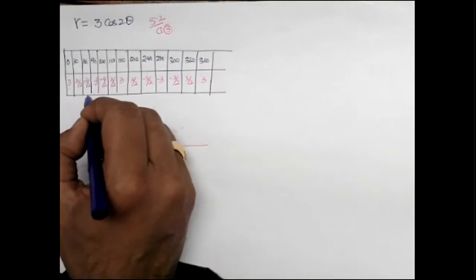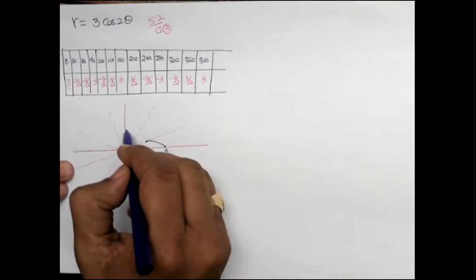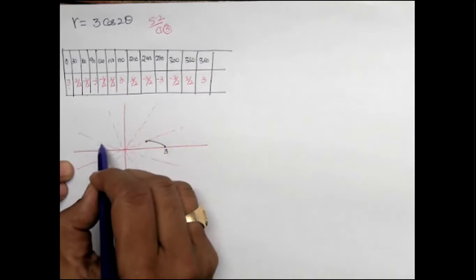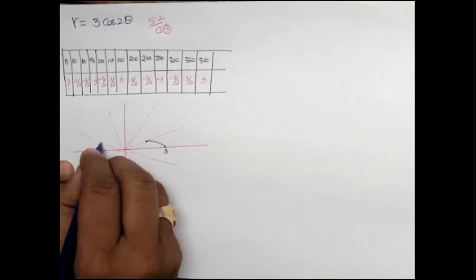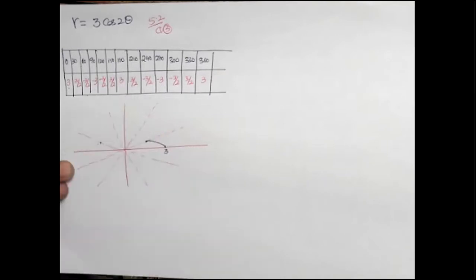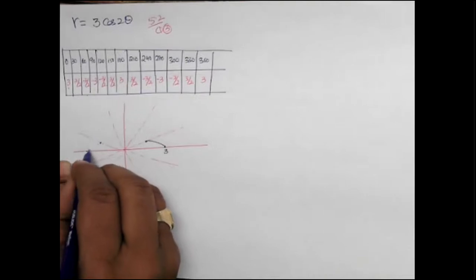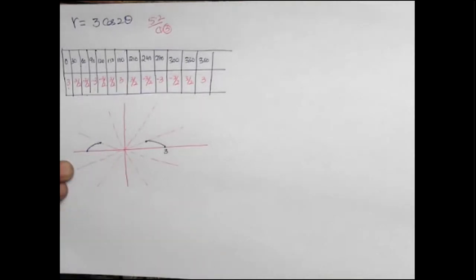Then 60 is negative 3 over 2. I'm going to avoid drawing that. 90 is negative 3. 120 is negative. So 150, which is this one, is 3 over 2. So roughly at the same height. Let's do that, 3 over 2. Okay, and 150 is 3 over 2. And 180 is 3. So it's going up. So I know this is a part like this.